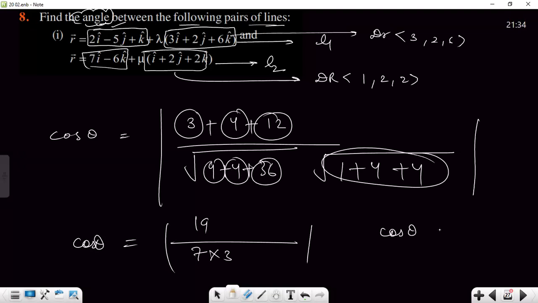So cos theta is equal to 19 by 21. Theta is cos inverse of 19 by 21. Clear? Understood?